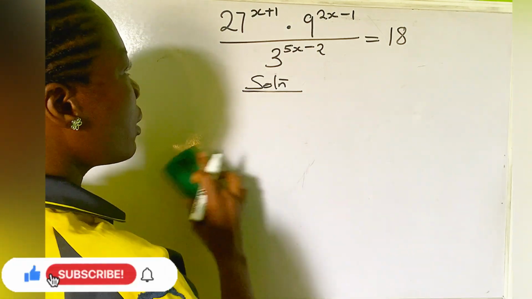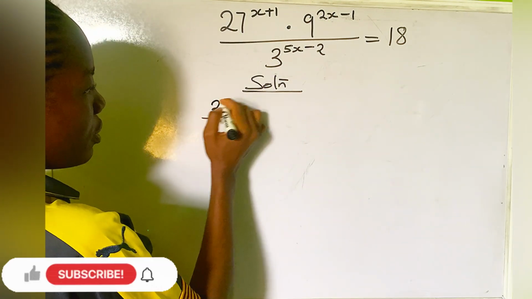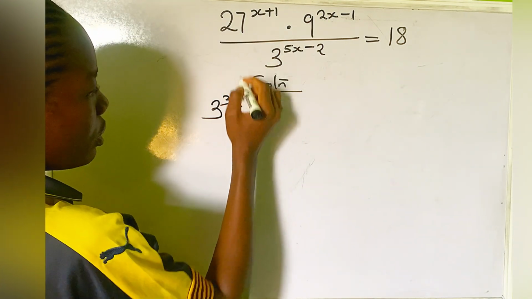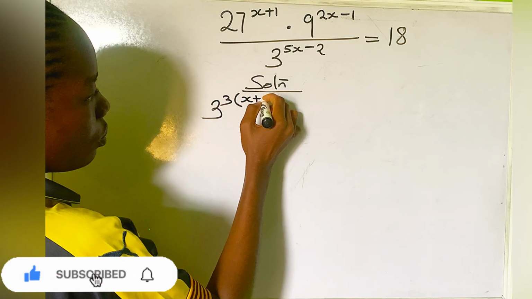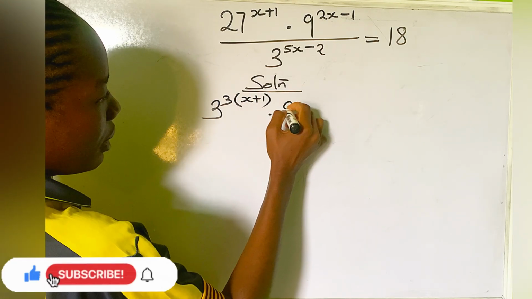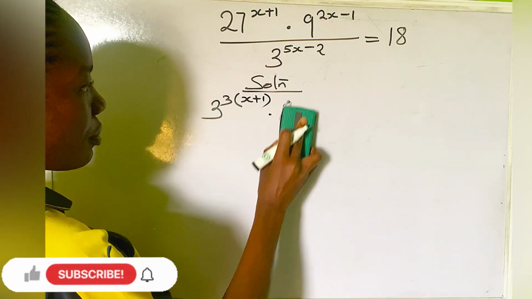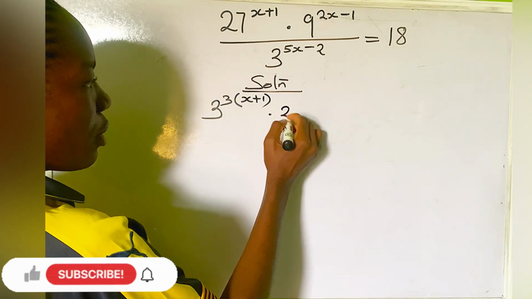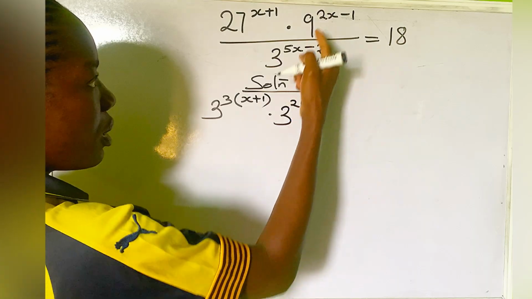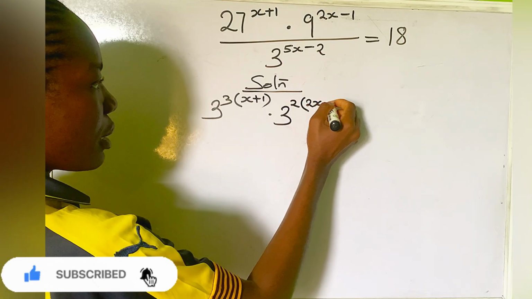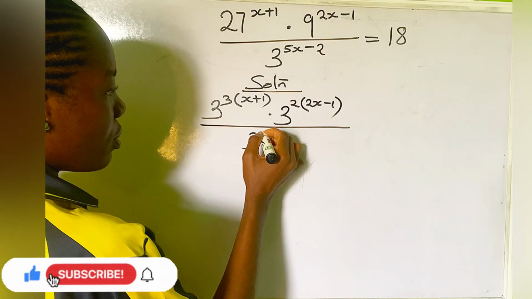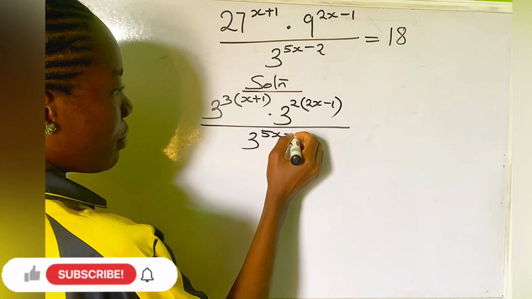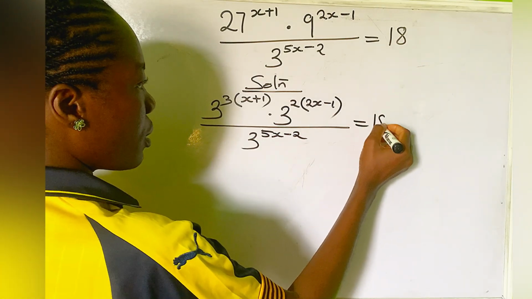So now this is 3 to the power of 3, raised to the power of x plus 1, all in bracket, multiplied by 3 to the power of 2 raised to the power of 2x minus 1 in bracket, all over 3 to the power of 5x minus 2, is equal to 18.